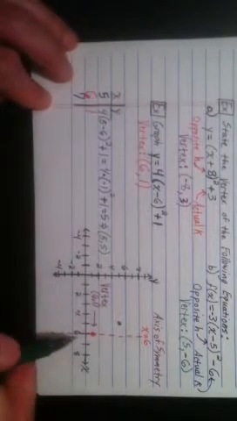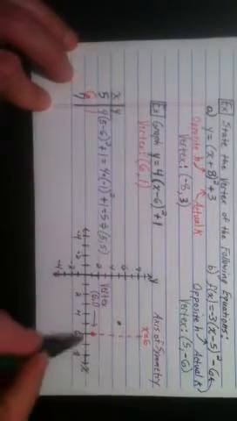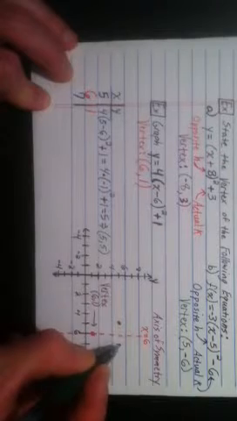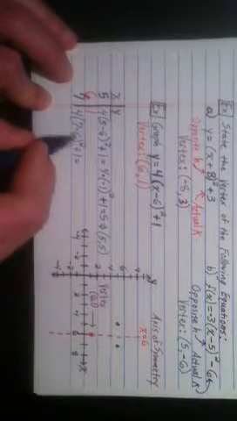Because all parabolas are symmetric about the axis of symmetry, we know when x is 7, we also have to have a y value of 5. We can confirm that. So let's plug 7 into our equation for x. 4(7 minus 6) squared plus 1. 7 minus 6 in the parentheses gives us 1.